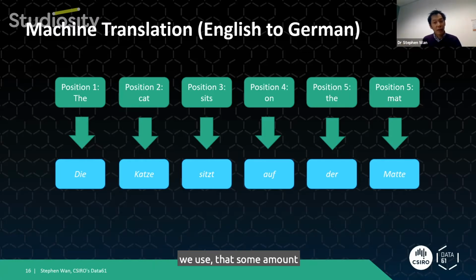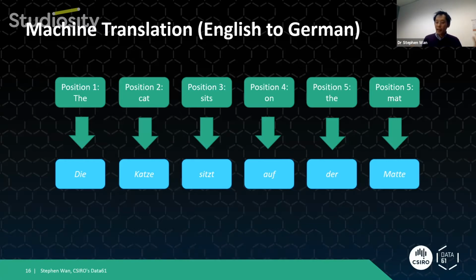And depending on the algorithm that we use, some amount of context is pulled into this method to guide the transformation. On the screen here, you can see there's an English sentence and we want to transform it into a German sentence. At the word at position 3, if I'm looking to translate the verb sits, or the infinitive to sit, the system might know that the corresponding infinitive verb in German is sitzen.